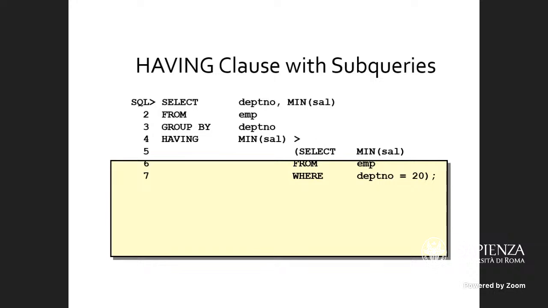This is still a single row subquery, because you are just getting the minimum salary of one department, not of several departments. So we are still going to be using our greater than, our less than, our is equal to, and all other operators that we are very much familiar with.